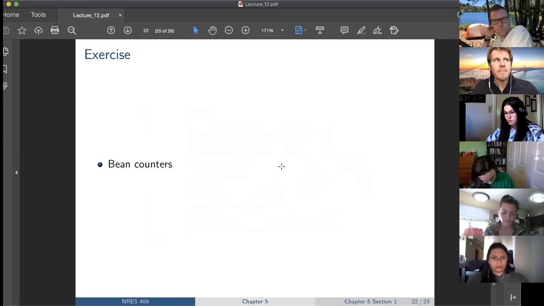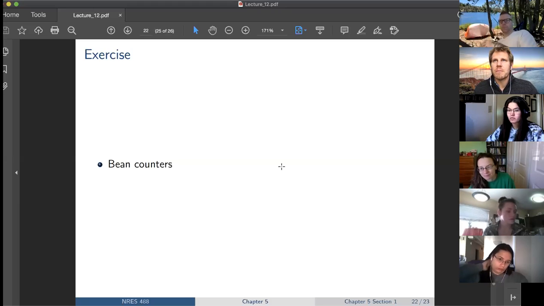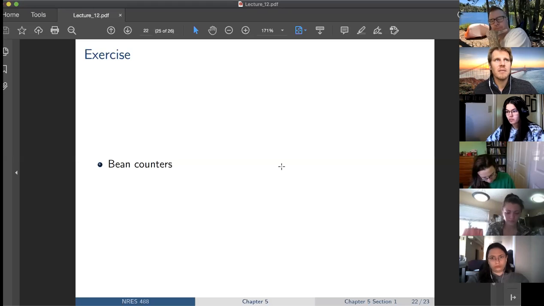And you can, as an exercise, if you want to test that these methods actually work, we used to do that pre-COVID, we would do this in class. Take a brown paper bag, fill it with some type of bean or whatever you want, marbles, anything. Pull out a sample, mark them with a Sharpie, put them back, shake it up, pull out another sample, get your two counts, and then estimate how many beans are in the bag.